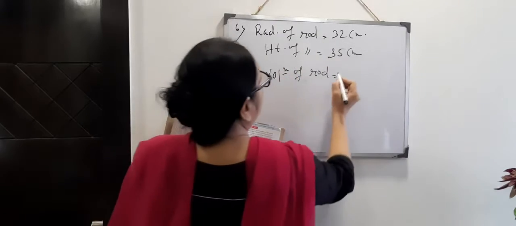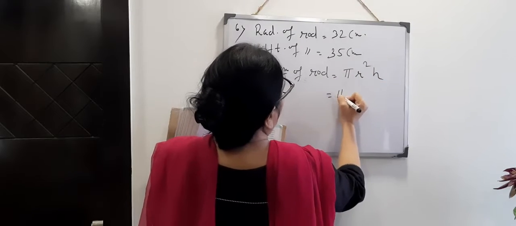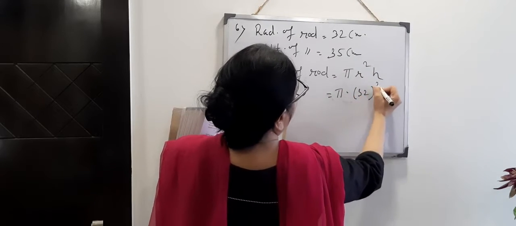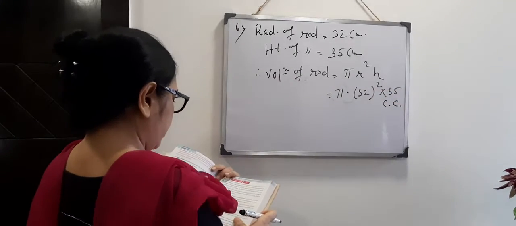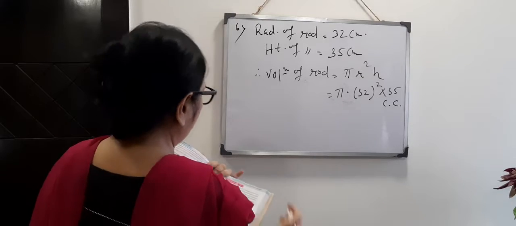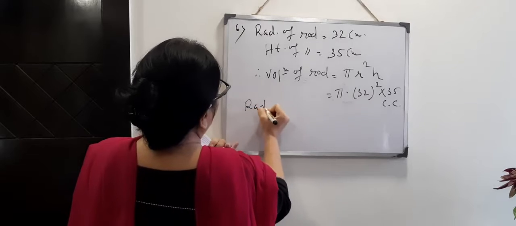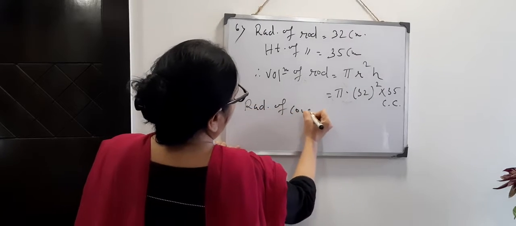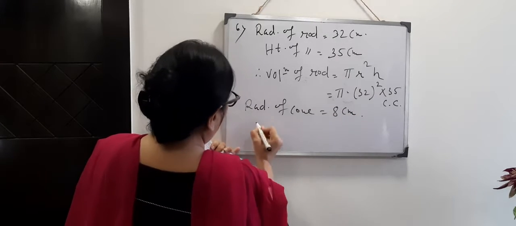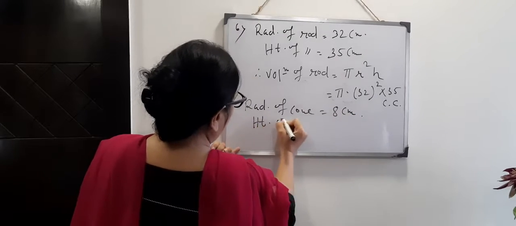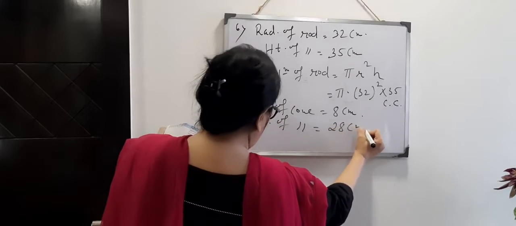This is cylindrical, so formula is pi r square h. Pi, r is 32, cubic centimeter. And calculate the number of solid cones of 8 centimeter radius. Radius of cone and height, here vertical height given, not slant height. Height is given 28 centimeter.